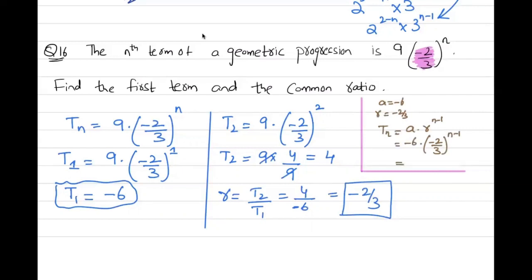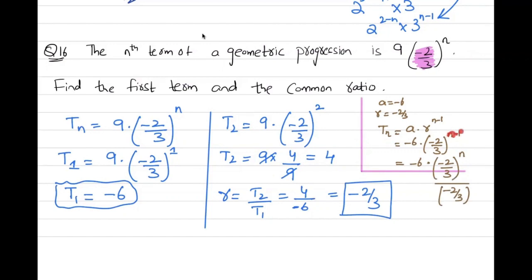Now, you can see that this is not the same as this. You will have to simplify it further. Minus 6 times minus 2 upon 3 to the power of n divided by minus 2 upon 3. Would you agree with this?